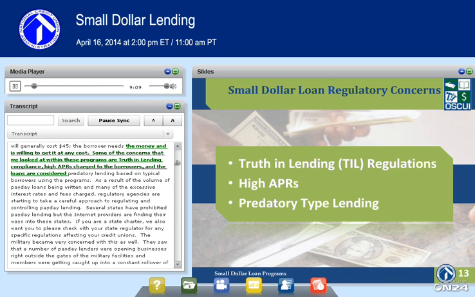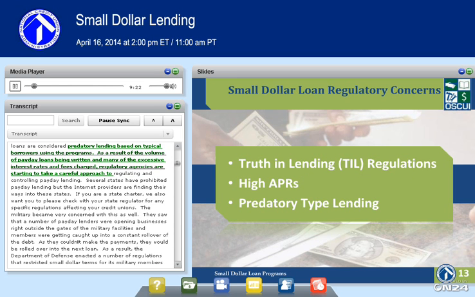Some of the regulatory concerns that we looked at within these programs are truth in lending compliance, high APRs charged to the borrowers, and that sometimes the loans are considered predatory lending based on the typical borrowers using the programs.